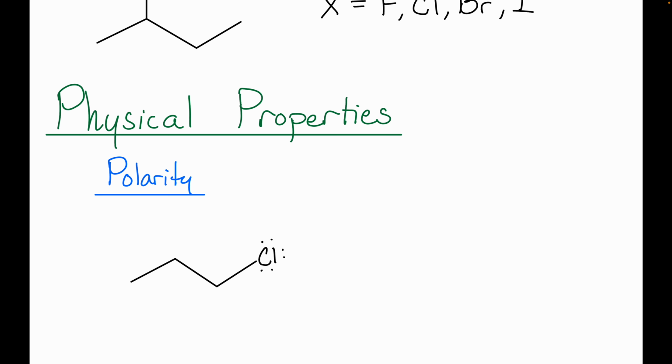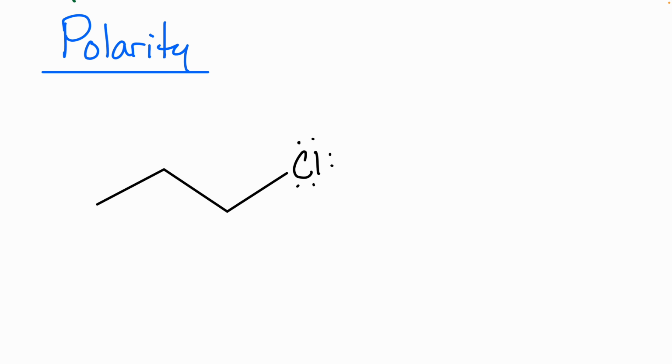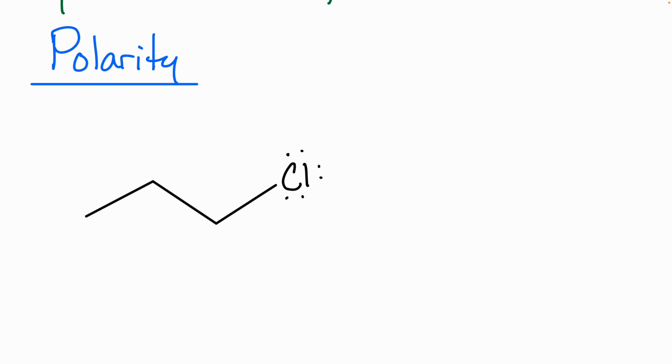All right, what do we think? Polar, non-polar functional group? We have this polar carbon-halogen bond here. My halogens are on the more electronegative side, pulling electron density away from that carbon atom. So these are indeed polar bonds.